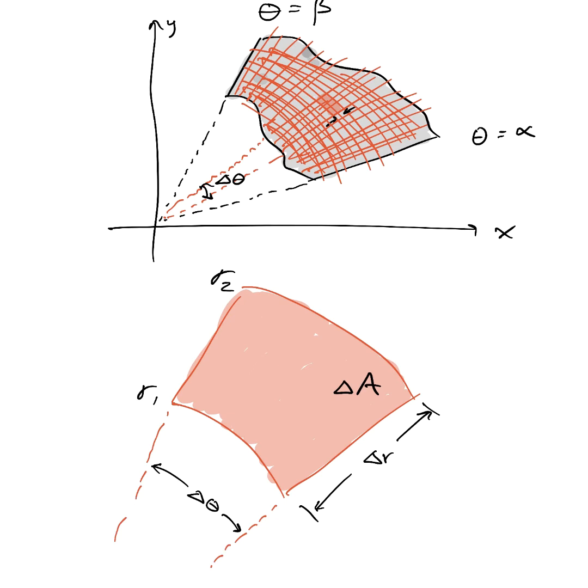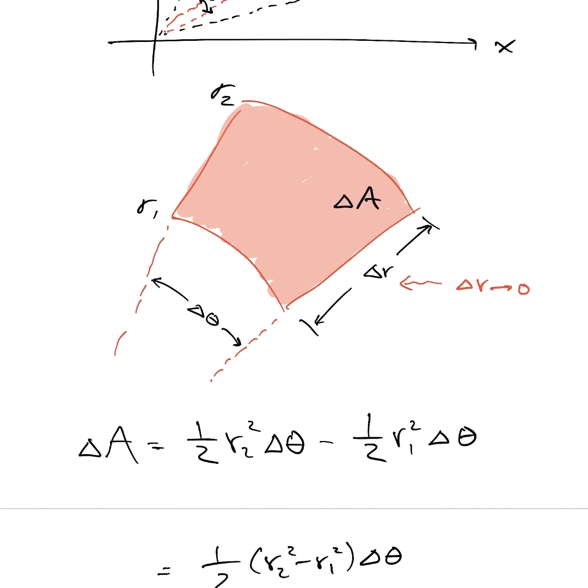Here's the thing. In that limiting process, the R2 and the R1, this disparity right here, delta R, is going to 0, and delta theta is going to 0.